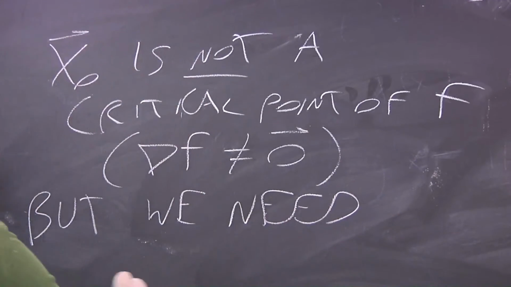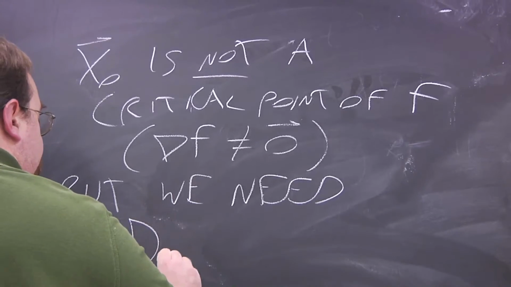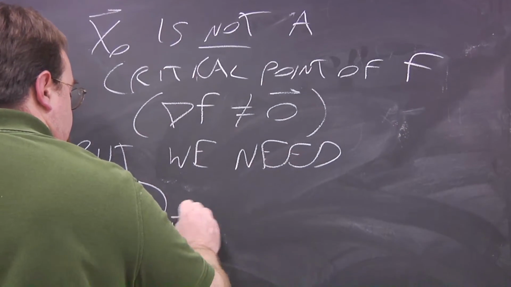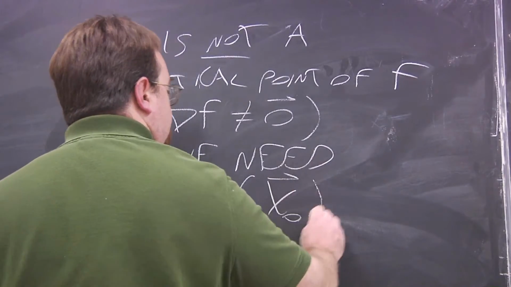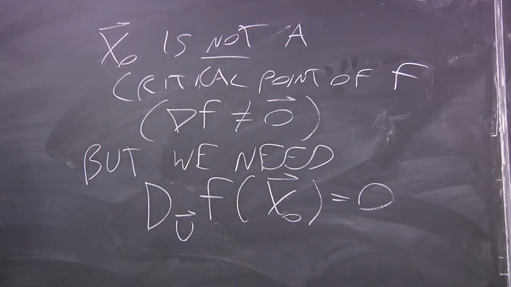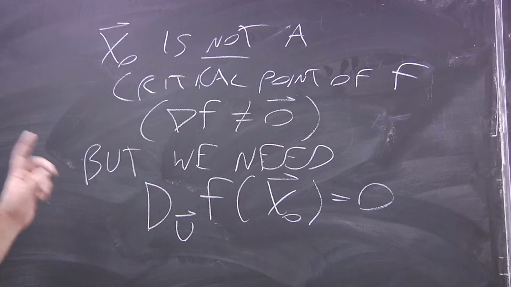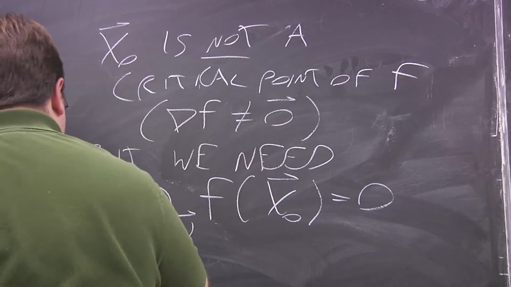But here's what we do need. We do need the directional derivative of f at this point to be equal to 0, not for every direction u, but for certain directions u. Which ones?